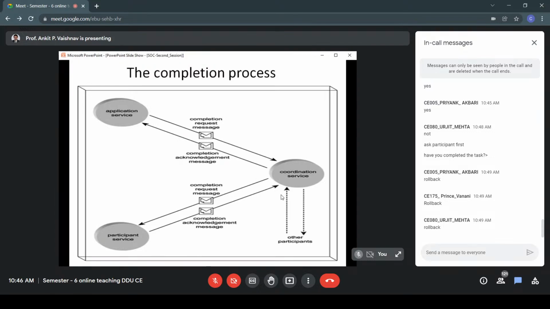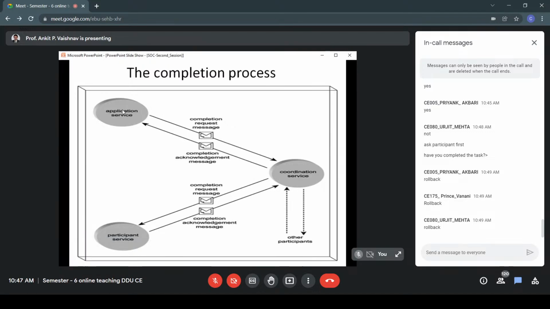Message number 2, 3, 4, and so on will be sent from coordinator service to all the participants, right? And it is asking for the completion acknowledgement. Fine. Message number, let us say 10, 11, 13, and so on will be completion acknowledgement, and the final message will be from coordinator to the application service.